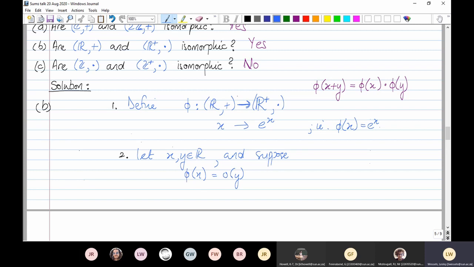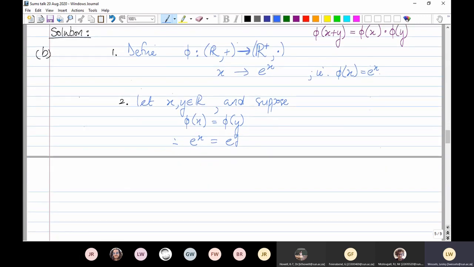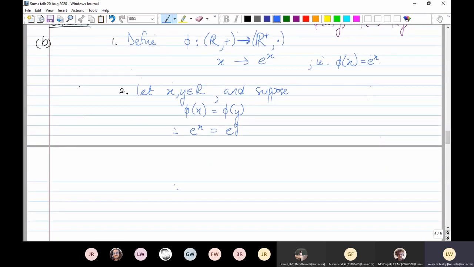But what is phi of x? In this case, we said it's e to the x, and phi of y is e to the y, and we can just take ln on either side, so we have x is equal to y. So that means phi is 1 to 1.